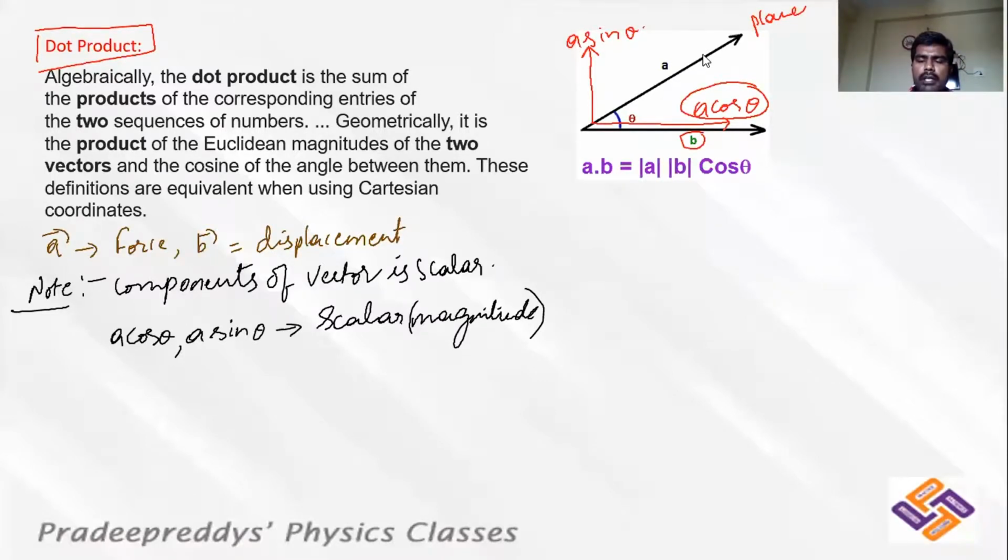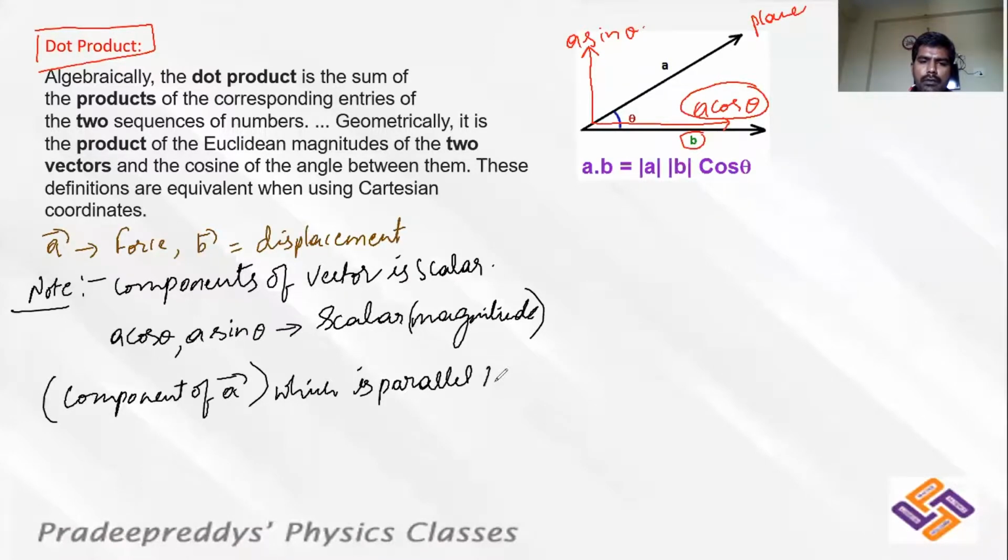Now what you are doing in dot product is simply multiplying the component of a bar which is parallel to b bar with b, to get a scalar.